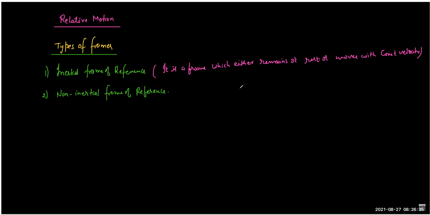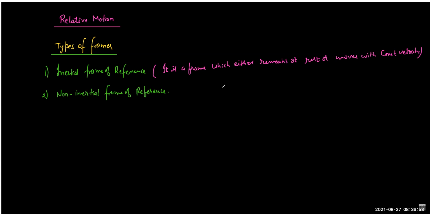Any frame which is either at rest or moving with constant velocity, we call an inertial frame of reference, because inertial refers to the word inertia, and inertia means to maintain the state of motion.